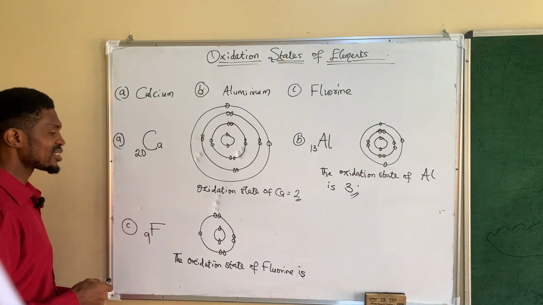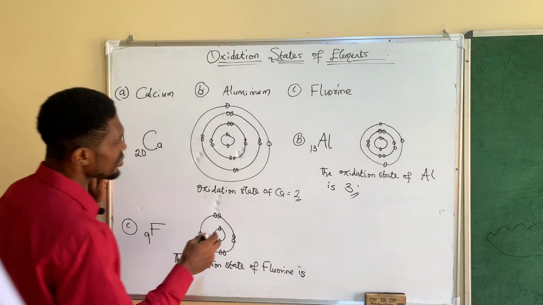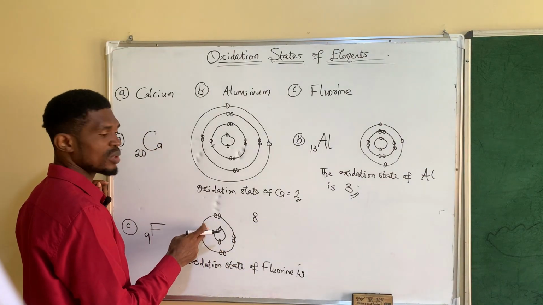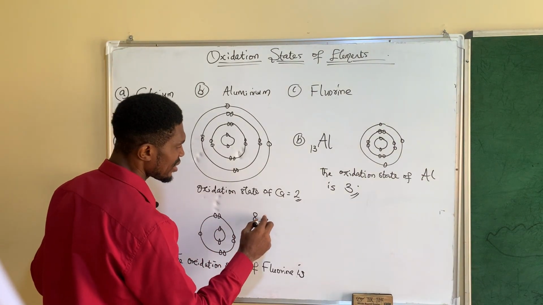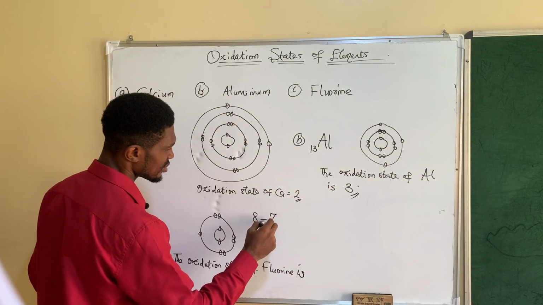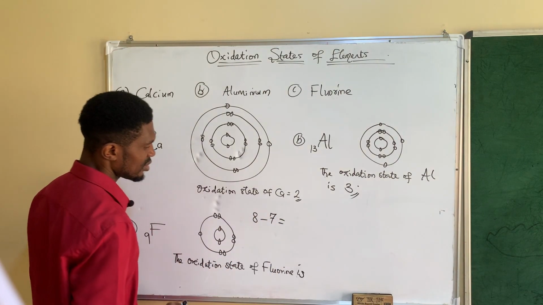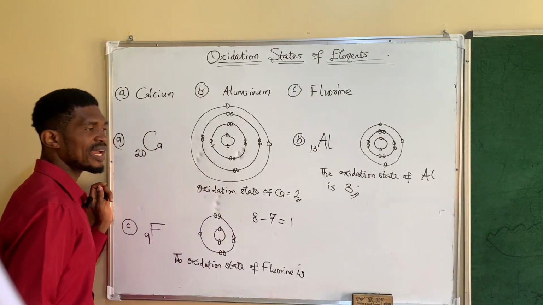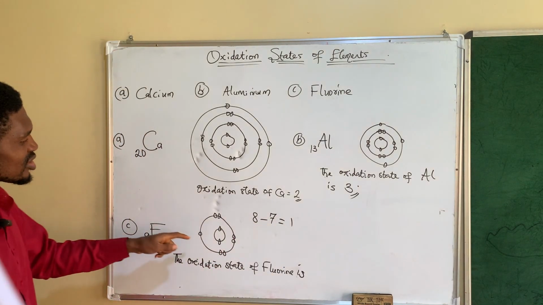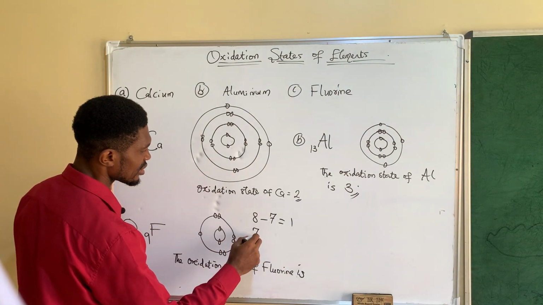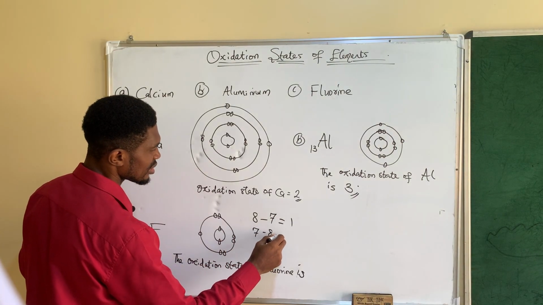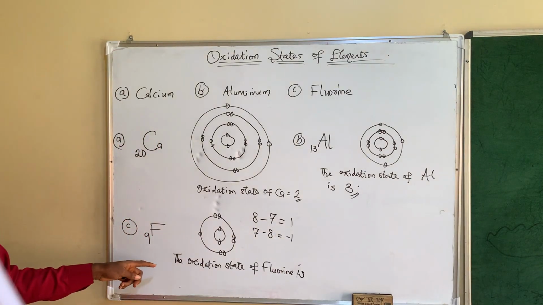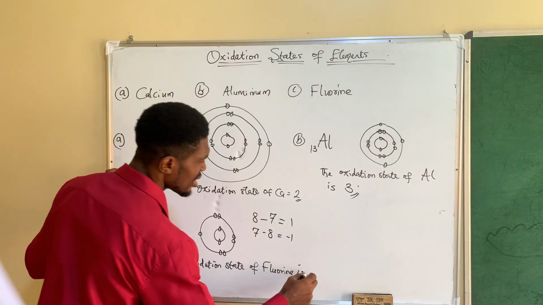So how do we know the oxidation state? It is the obtainable number of electrons in the outermost shell, which is 8, minus 7. So the oxidation state is 1. But it's actually supposed to be 7 minus 8, so you have minus 1.